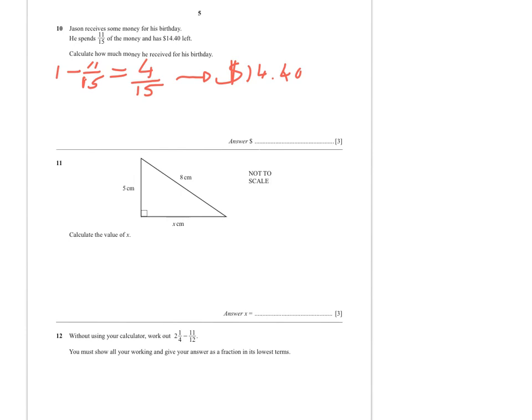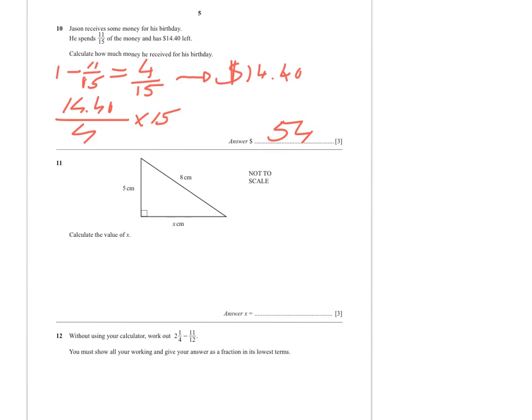Well, I can divide the money that he has left, 14.40, by 4, which is this 4, and then multiply it by 15. That is going to be the original amount. So let me put that in my calculator: 14.4 divided by 4, and then that answer times 15, and it gives me 54. So he spent most of it. He should have saved perhaps a little bit for later, but what can you do? He was having a party probably.